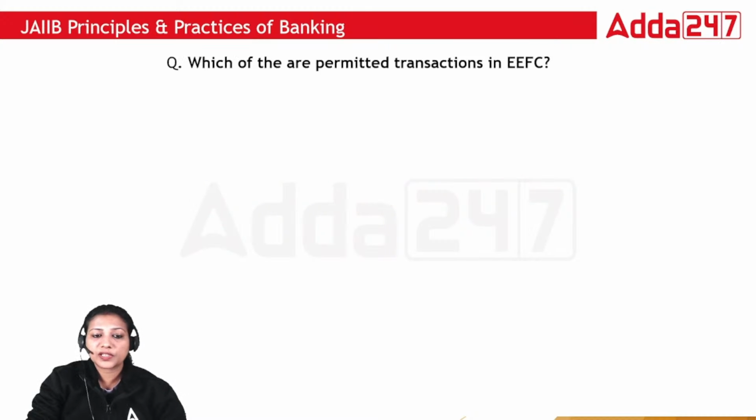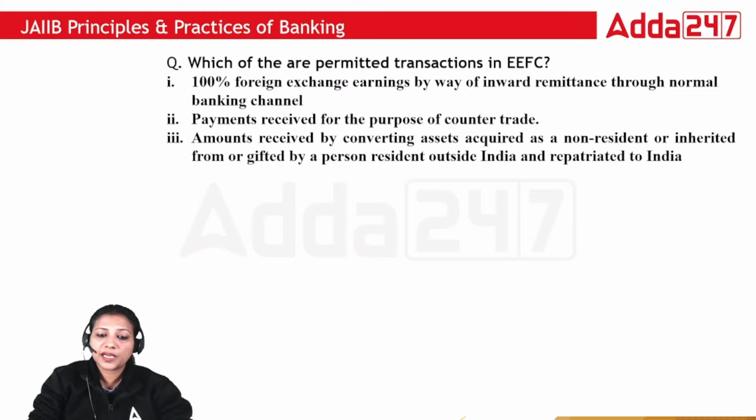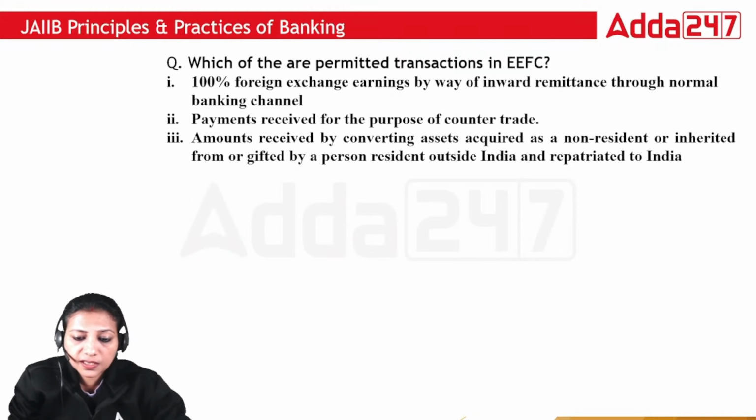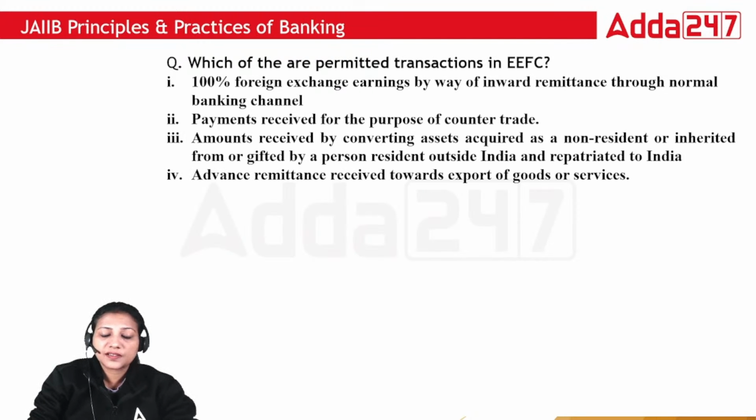So let's see some questions. Which of the following are permitted transactions in EEFC? 100% foreign exchange earning by way of inward remittance through normal banking channel, payments received for the purpose of counter trade, amounts received by converting assets acquired as non-resident or inherited from or gifted by a person resident outside India and repatriated to India, advance remittance received toward export of goods or services, professional earnings.